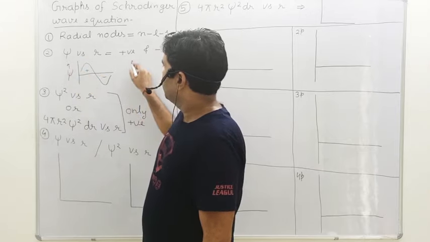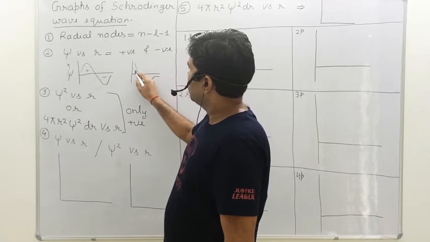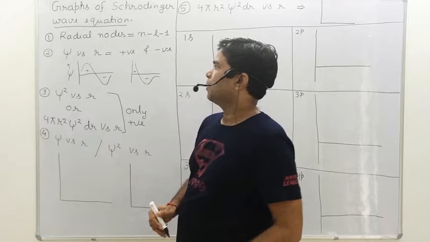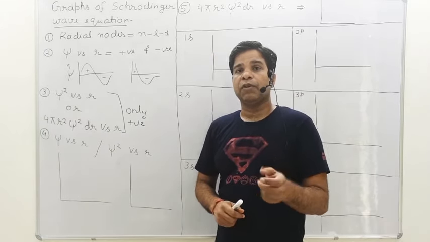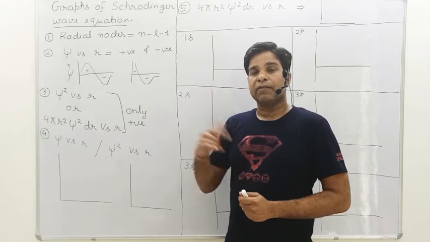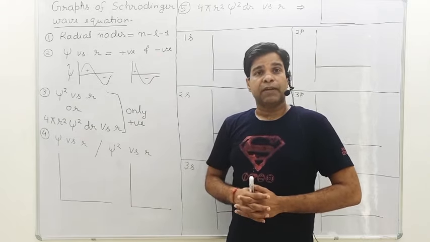First I said calculation of the radial node, second I said the graph of psi versus r you have to draw on the positive side and on the negative side.